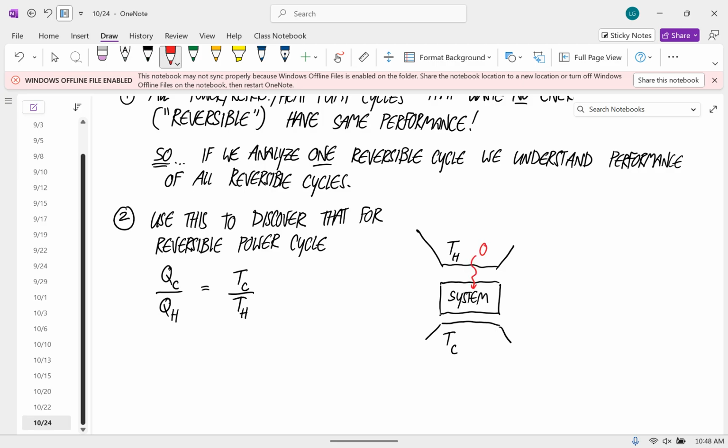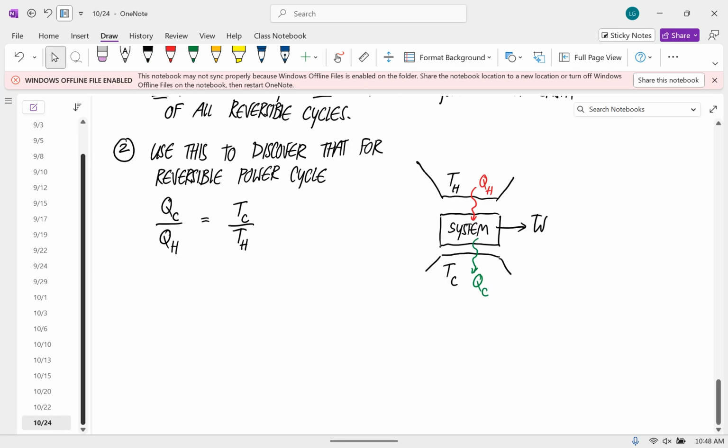This is our QC. This is our QH. This is our QC. And then we have our work. And so this is another thing that you're going to have to factor in, think about as you do the few problems I'm going to give you for Monday.